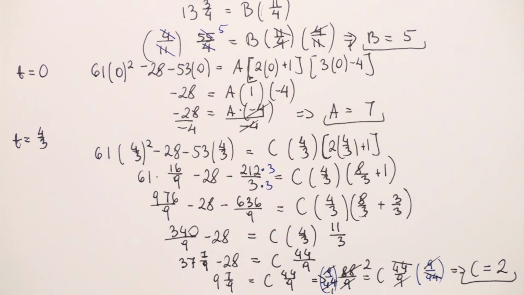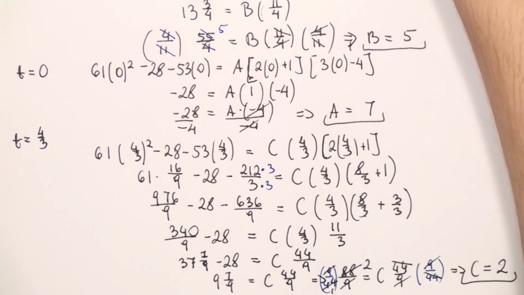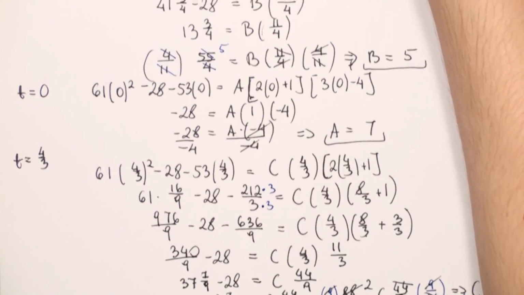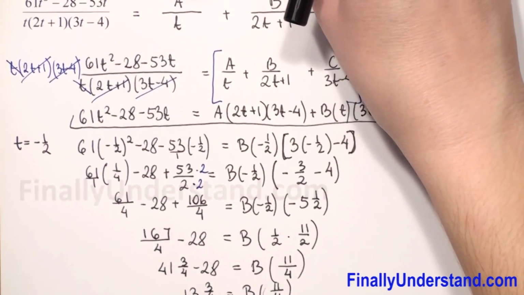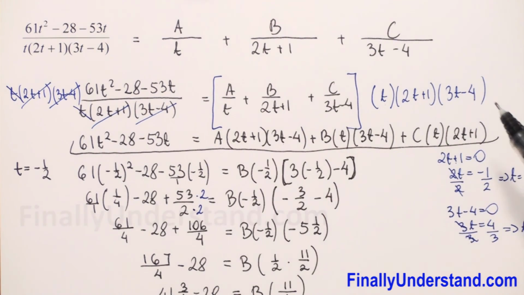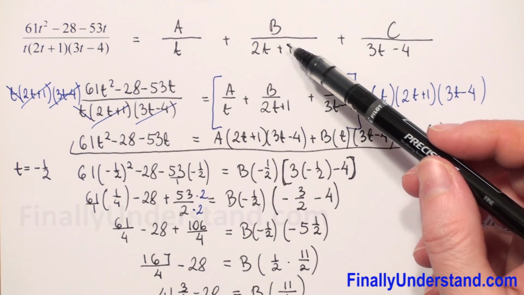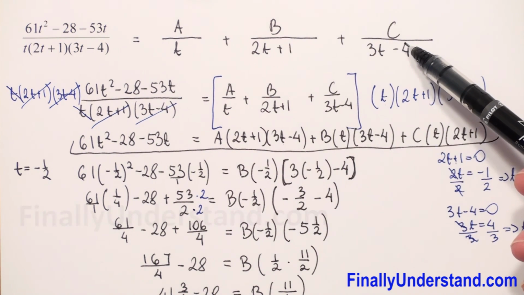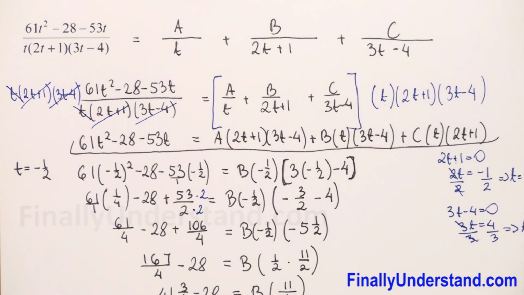We found A, B and C, so now we can come back to our partial fractions, and we have to just substitute A by 7, B by 5 and C by 2. Let me do this here.